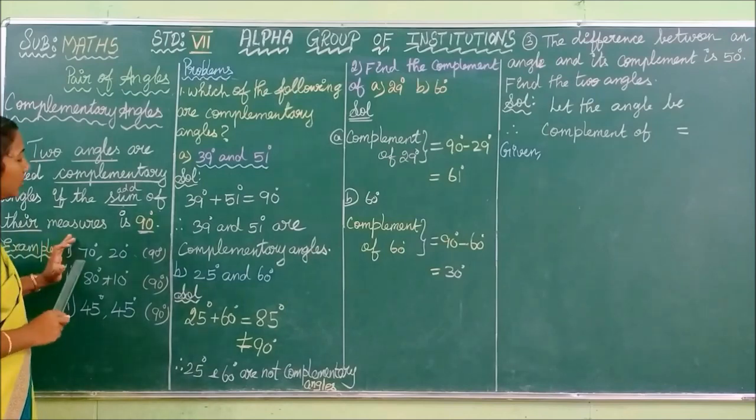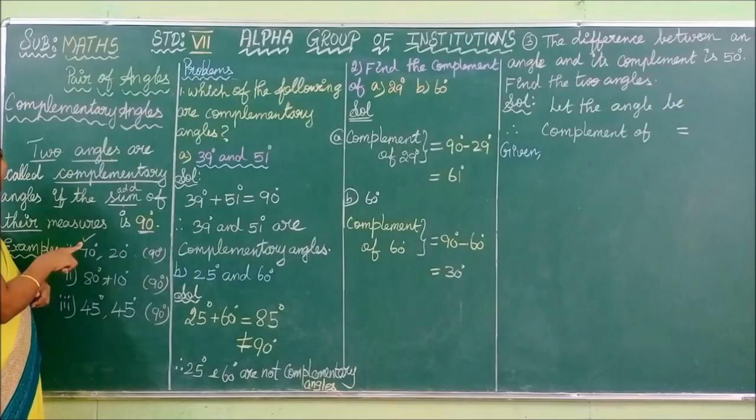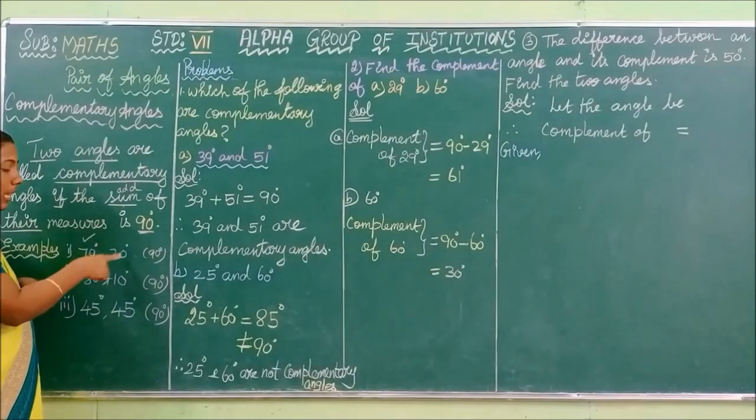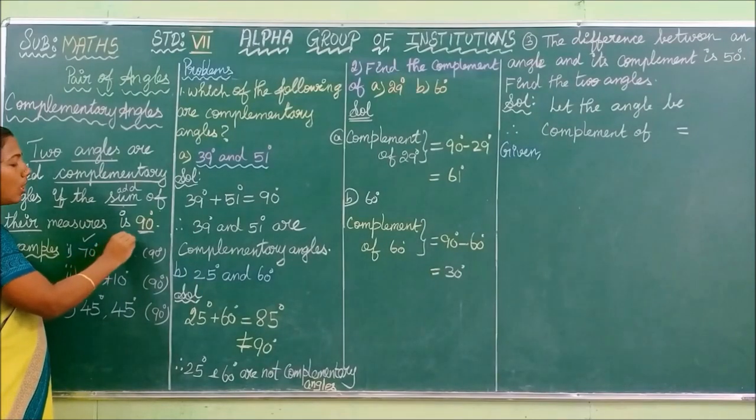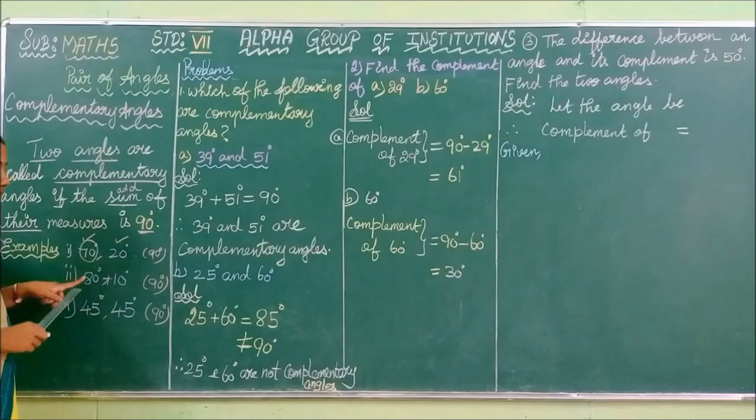Also, listen carefully, children. We can say this 70 degrees is the complement of 20 degrees. Do you understand, children, what I am saying? Similarly, we can also call 20 degrees the complement of 70 degrees. What is the complement of 80 degrees? 10 degrees.